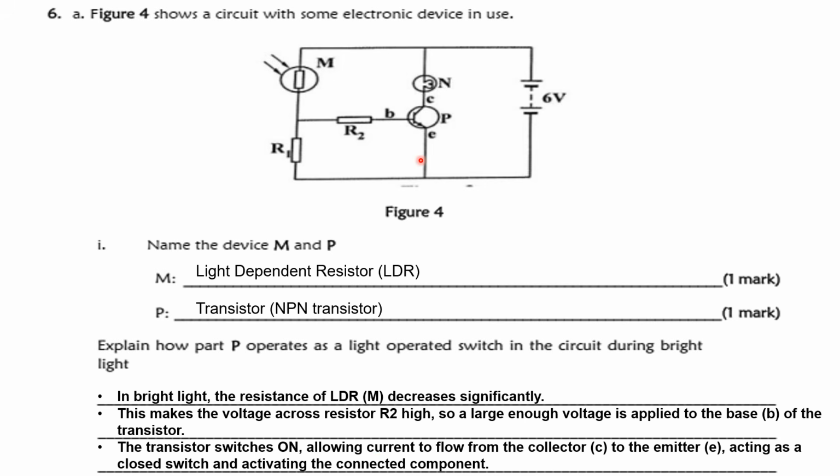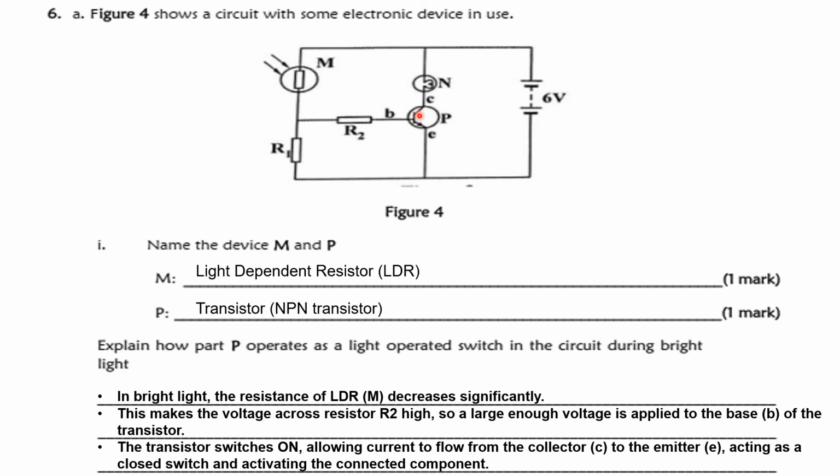Please take note of the direction of current. Current is from the collector to the emitter, like this. The base simply acts as a controller of how much current needs to flow from the collector to the emitter.